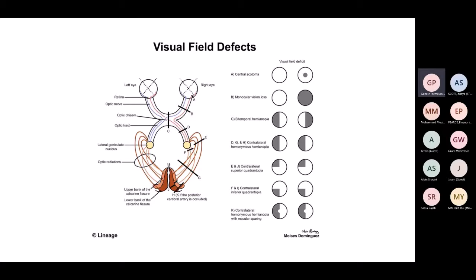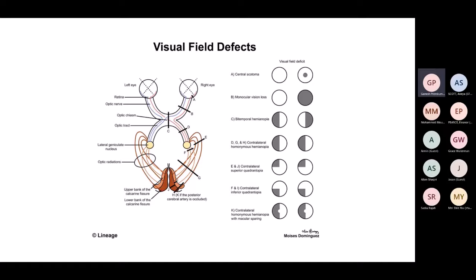So if the left side is affected, so it's a left side vision defect in each eye, we know it's a right-sided optic tract problem. Now, the optic chiasm, however, because you get this crossing over, you get something called the bitemporal hemianopia. The way to see this is it's the left side of vision in one eye and the right side of vision in the other eye.